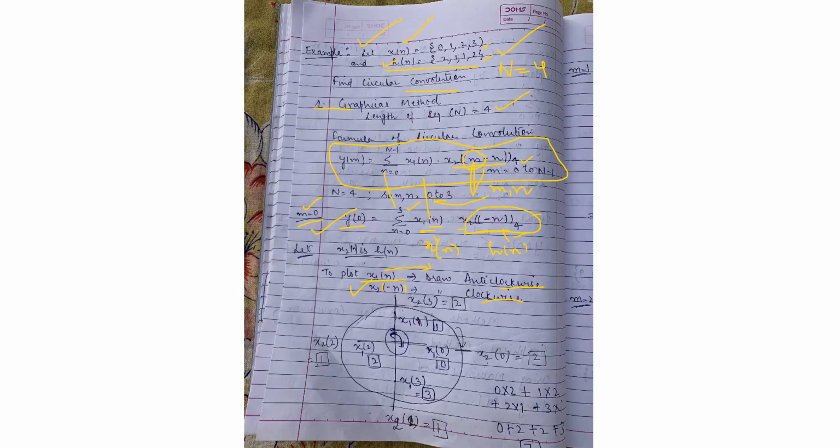To plot x1 of n you go in the anti-clockwise direction. So this is the plot of x1 of n: x1 of 0, x1 of 1, x1 of 2 and x1 of 3 in the anti-clockwise direction. x1 of 0 is 0, x1 of 1 is 1, x1 of 2 is 2 and x1 of 3 is 3.